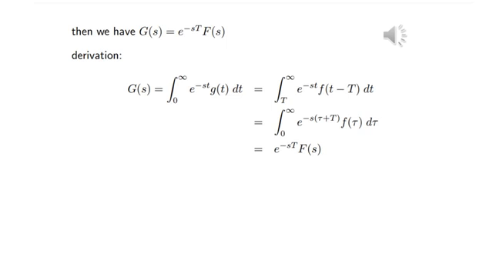So both are equivalent. Now this can be used to find any Laplace transform having translation in the time domain.